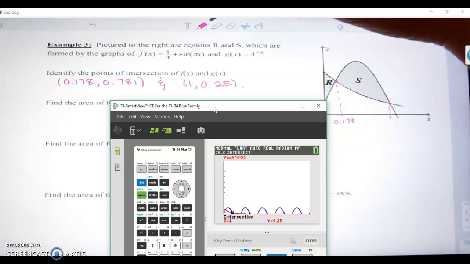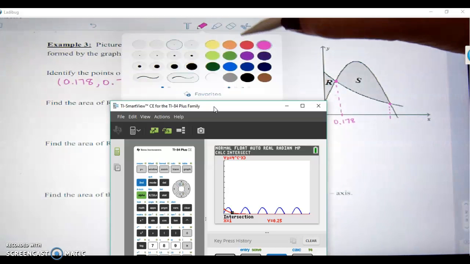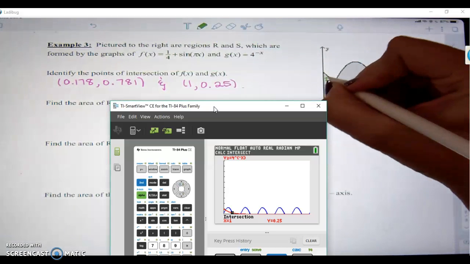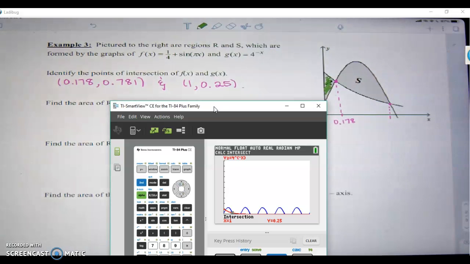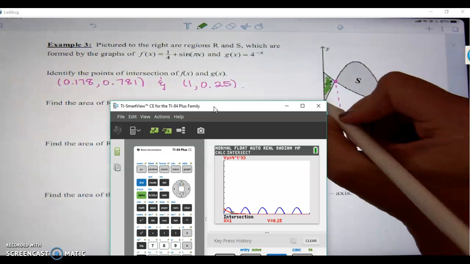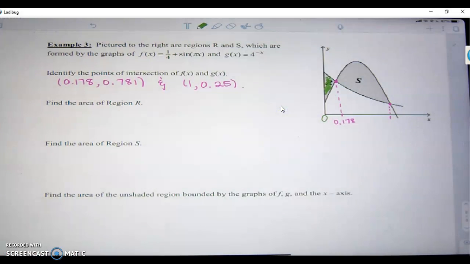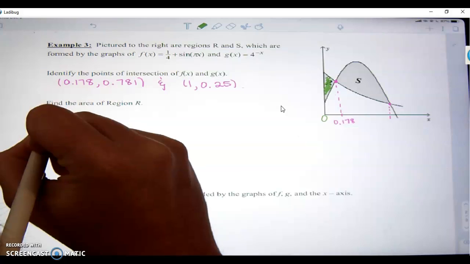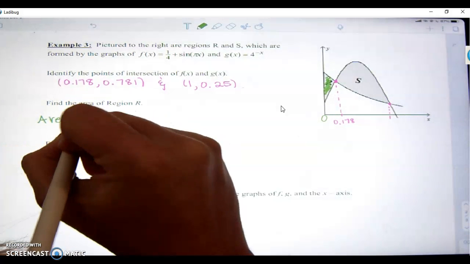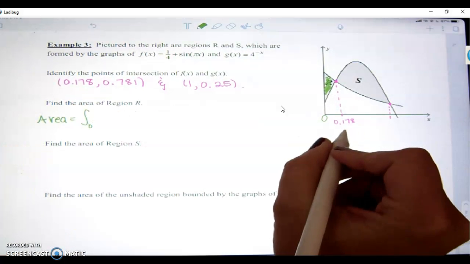So the next thing it says is find the area of R. So region R is this part here. Okay, so if we're doing region R, we know that this starts at 0. So if I make my area, it's going to start at 0 and then it ends at this 0.178.